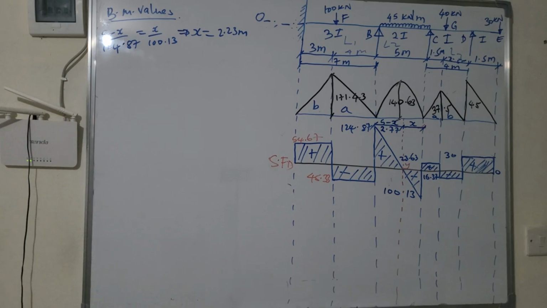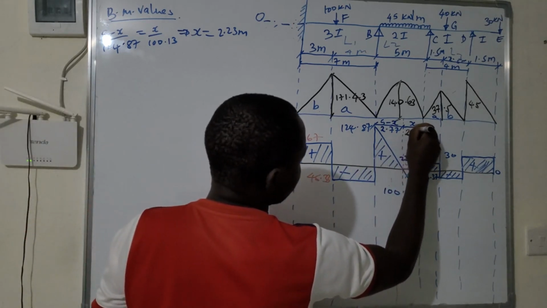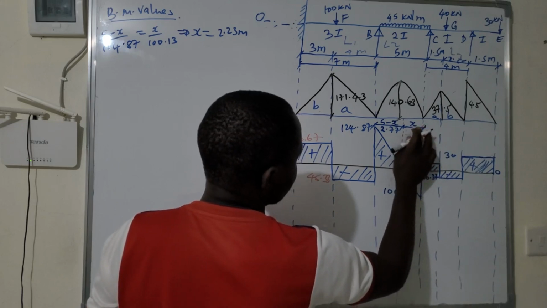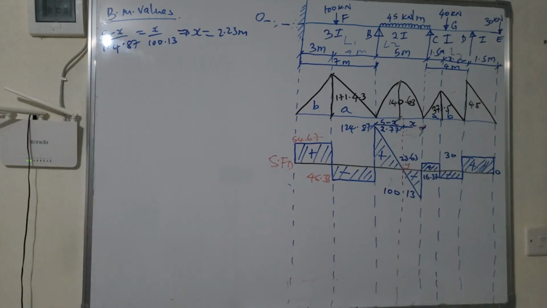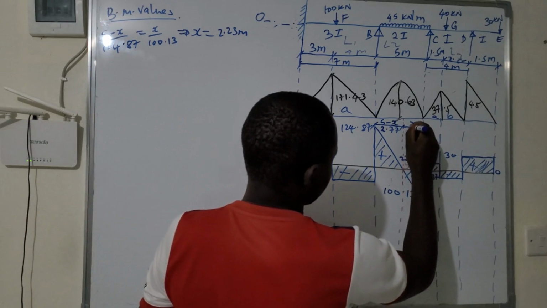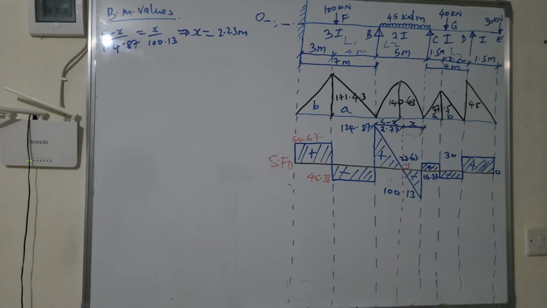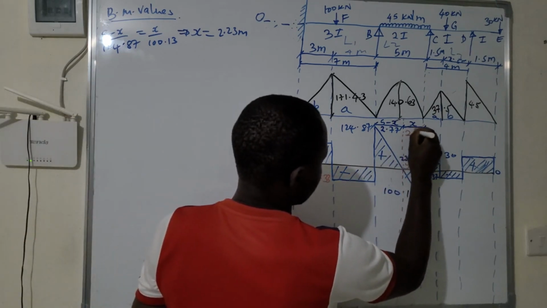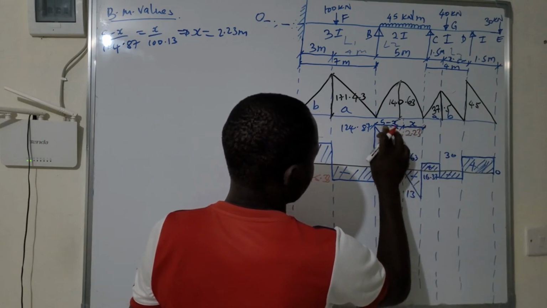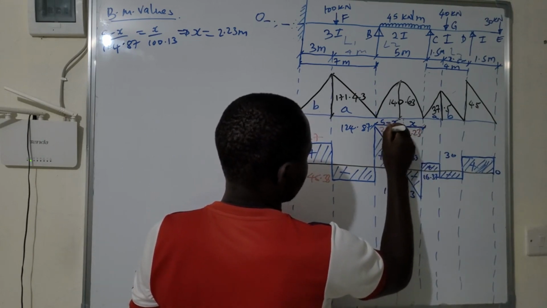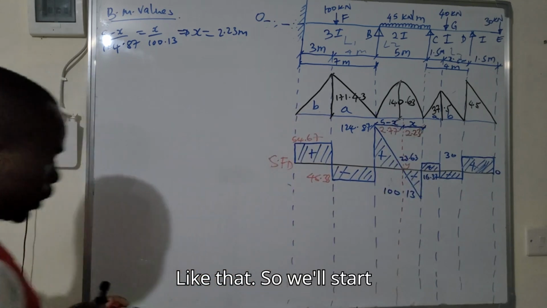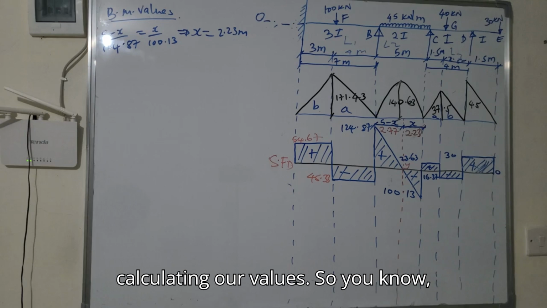Let me use another pen. 2.23, like that. So we'll start calculating our values.